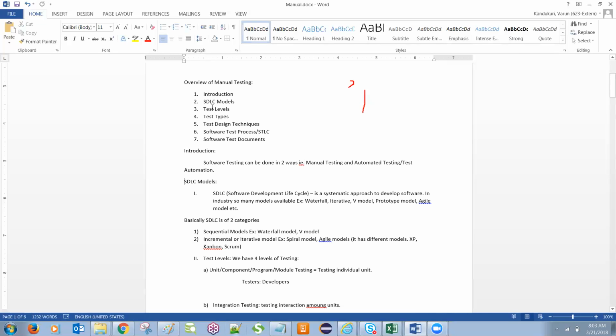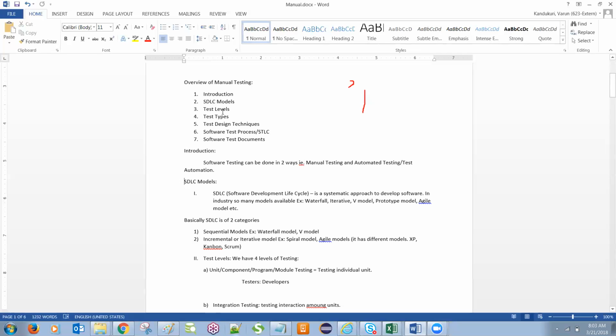We testers are also part of this SDLC. Even if we consider any type of model, in every part of the model, the tester is a key responsible person, because he will give the quality of the application to the customer.